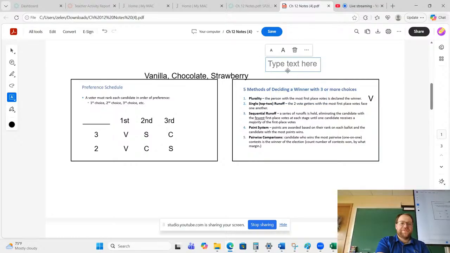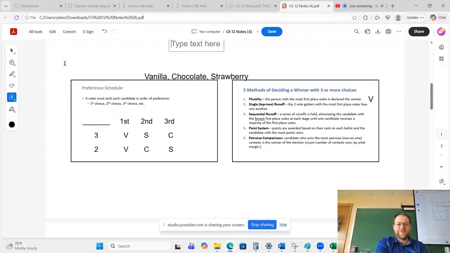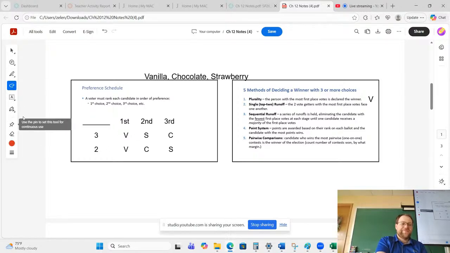The next method, single or top 2 runoff. The 2 vote getters with the most first place votes face one another. So in other words, that would be vanilla. And then since both of those appear in the first place, that's automatically going to make it vanilla there.